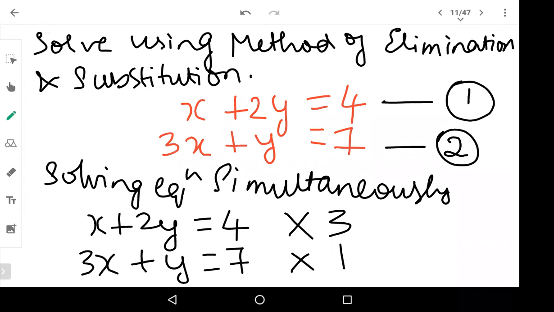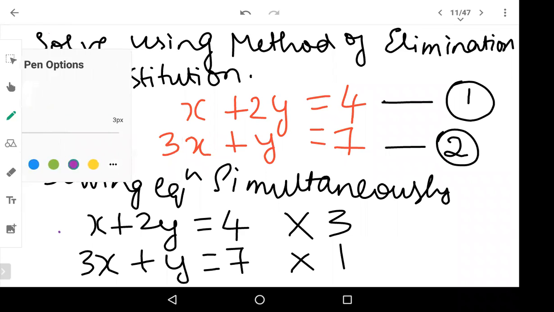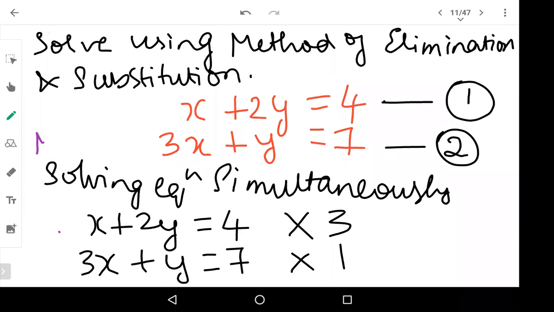One thing I forgot to say, before starting the problem, mention which method it is. Okay, method of elimination. So first we are solving method of elimination. So write that heading and then start solving. Now let us multiply that first equation into 3, right?